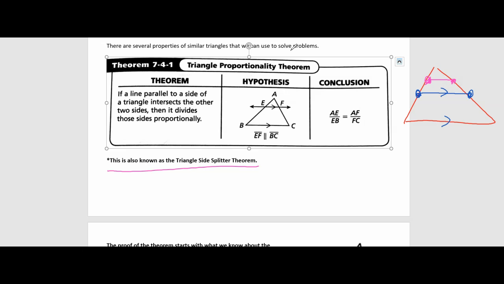So it could be up here, it could be down here. It doesn't have to go through the midpoints of the other sides. It just has to be parallel to the other side. And if it is parallel to the other side, then we're going to get this proportional relationship right here. So the ratio of AE and EB is going to be equal to the ratio of AF and FC.